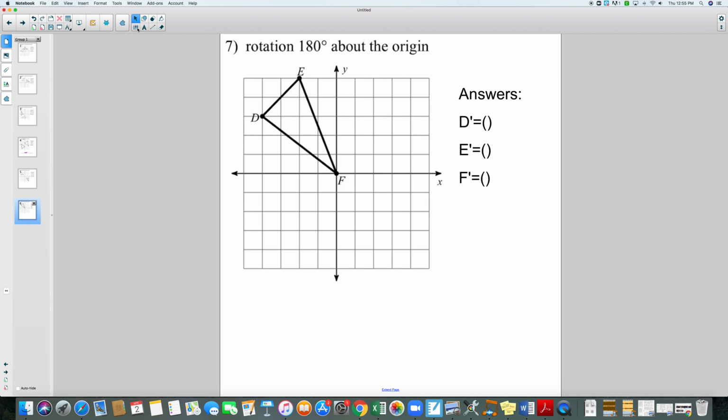This one's pretty easy. Let's try doing this without the line method. So we know F at 180 is the same spot. It's like a circle. It goes all the way around, stays in the same spot. That's our pivot point.